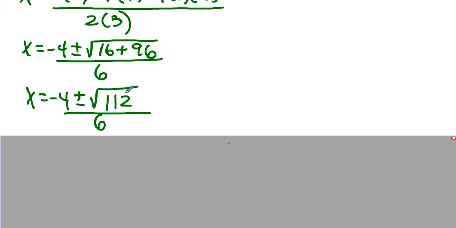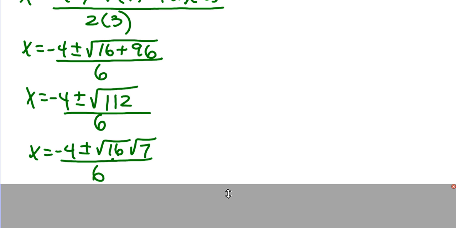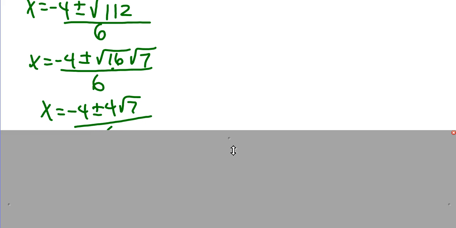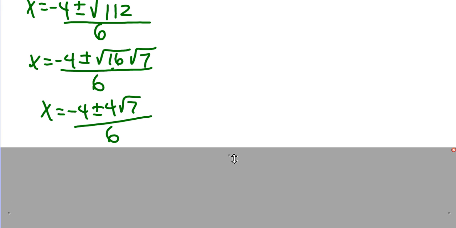Our largest perfect square factor here is going to be 16. 16 times 7 gives you 112. So let's rewrite it using that largest perfect square factor. And again, we know the value of the square root of 16 is 4. So what are we working with now? We have x is equal to negative 4 going to the left and right, 4 square root of 7, all of that being divided by 6.